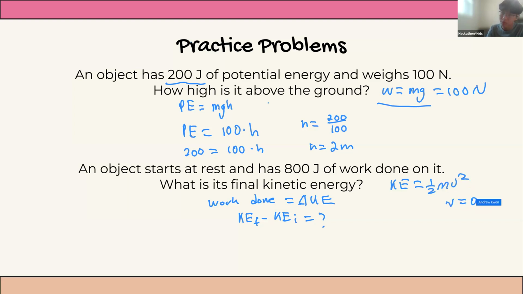If v is zero, the whole thing is zero, right? So it has 800 joules of work done on it, so it's just 800 minus zero. So final kinetic energy will be 800 joules, like some of you guys have said. Okay, great. So this is a little bit conceptual, understanding that at rest, there is no kinetic energy.